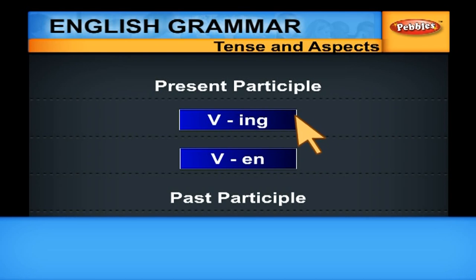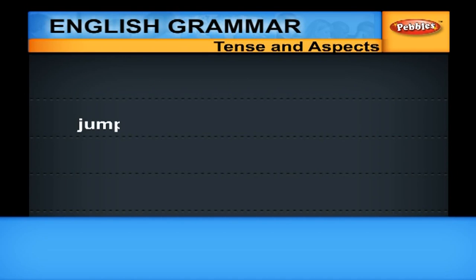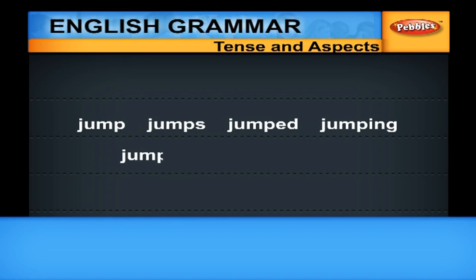Present participle VING and past participle VEN need helping verbs to form verbal constructions. Then we have infinitive with to and infinitive without to. Let us take the verb jump. Jump, jumps, jumped, jumping, jumped, to jump, jump.